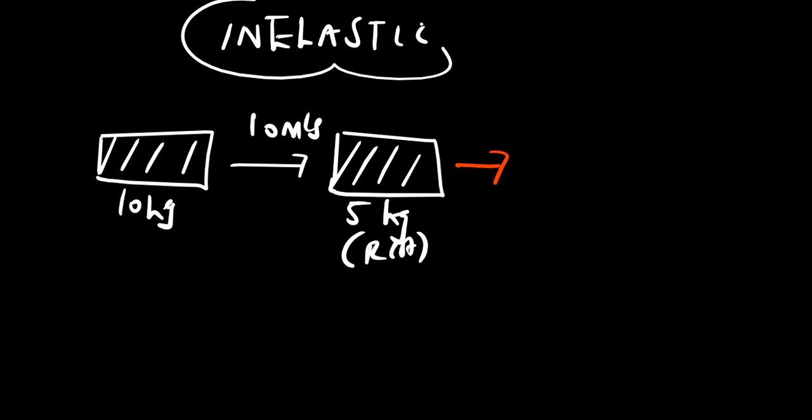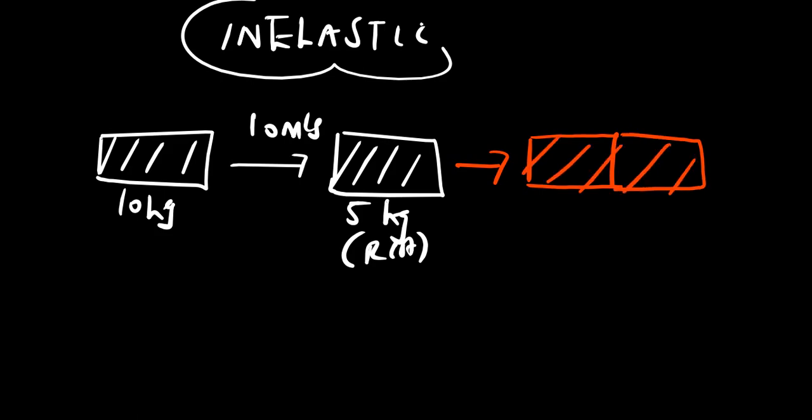So now for inelastic, what happens is that when the two objects come into contact, they are going to go in the same direction, and they are going to stick to each other. So they are going to move as a unified mass. Hence, finding the final velocity for these objects is very simple.